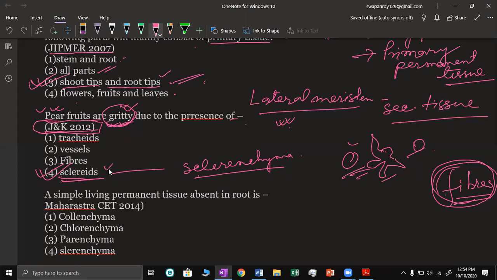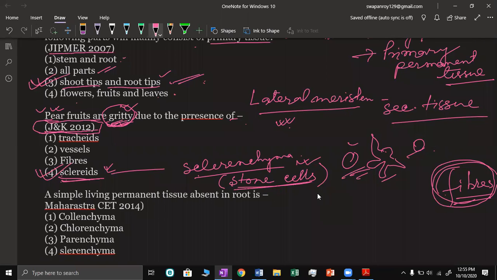Due to their presence, that gritty condition occurs, and these are also known as stone cells. So due to this we find the unpleasant taste of pears.